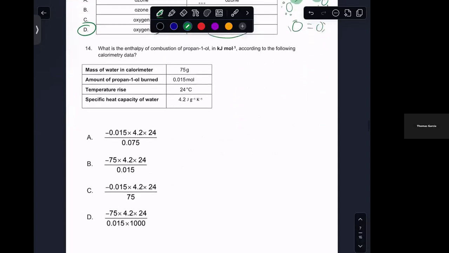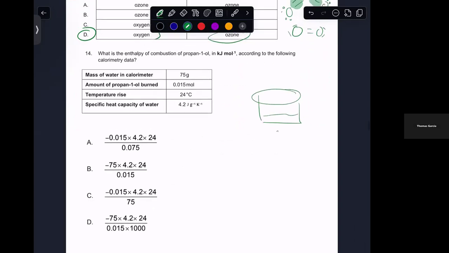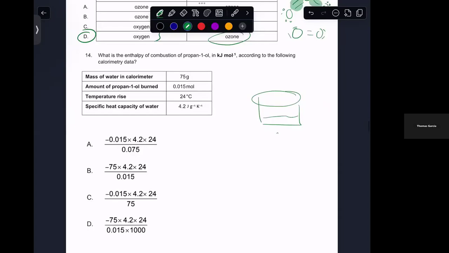14. What is the enthalpy of combustion of propan-1-ol in kilojoules per mole according to the following calorimetry data? This calorimetry data says they took some propan-1-ol and burned it. I'm trying to draw it. That's not a fire.